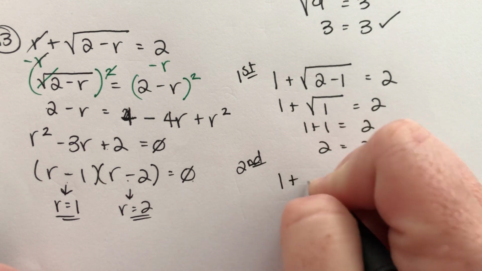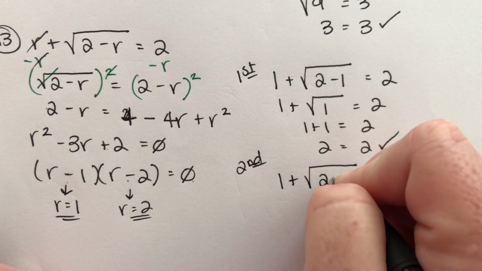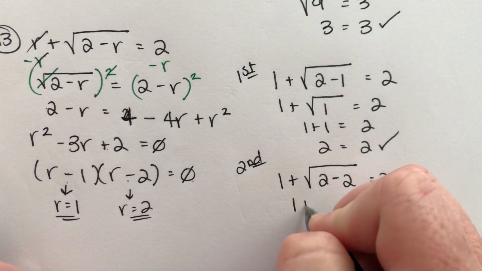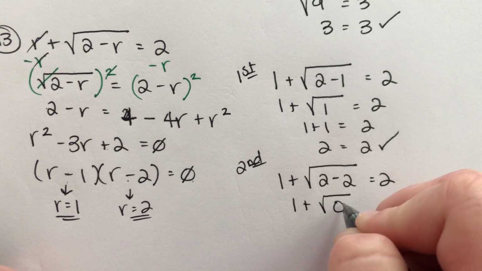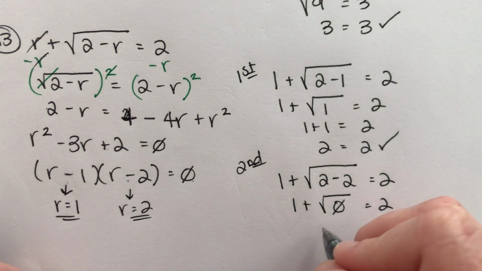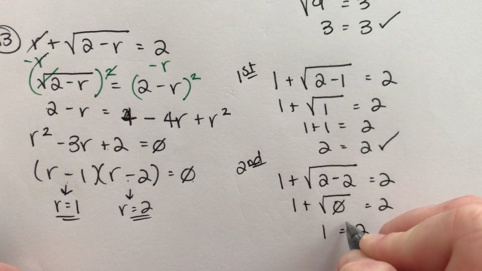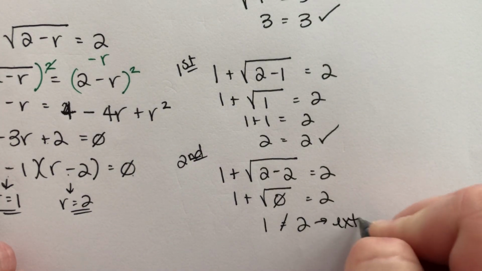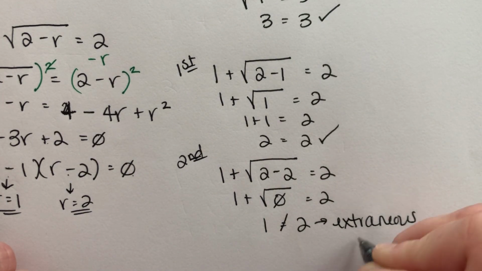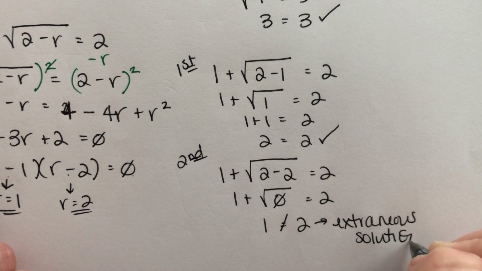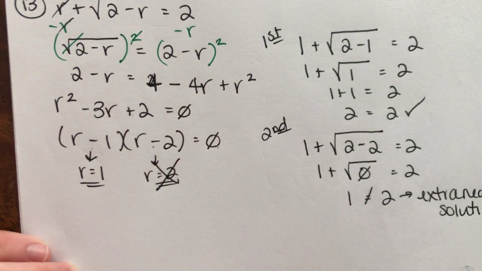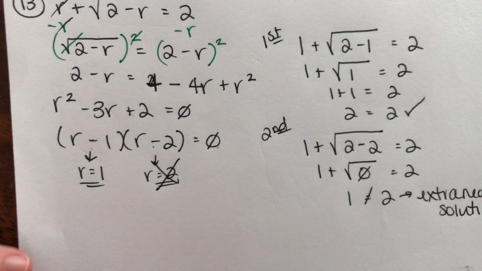So 2 plus the square root of 2 minus 2 equals 2. 2 plus the square root of 0 equals 2. 2 equals 2... they are not equal, so this is an extraneous solution. So r equals 2 is not one of our answers. Only r equals 1.